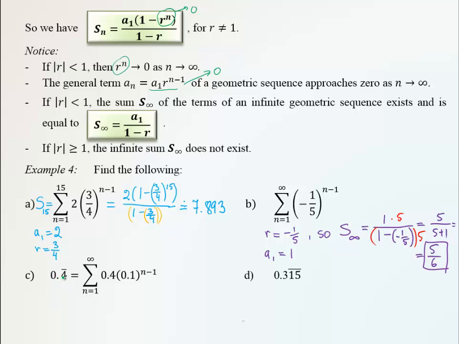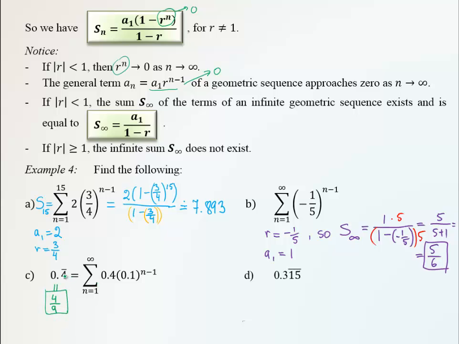This is 0.4 repeated. We know how to convert this repeated decimal into a common fraction without using series. But let's look at the series approach to justify that 0.4 repeated, as we most likely remember, is the same as 4/9. Let's see if this geometric series theory will help us to justify this fact.